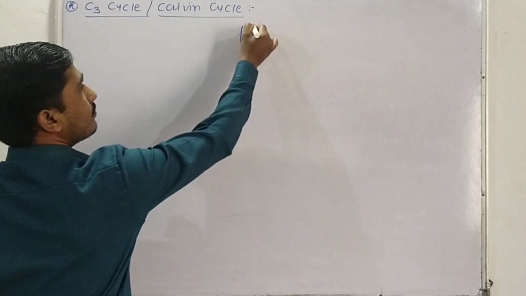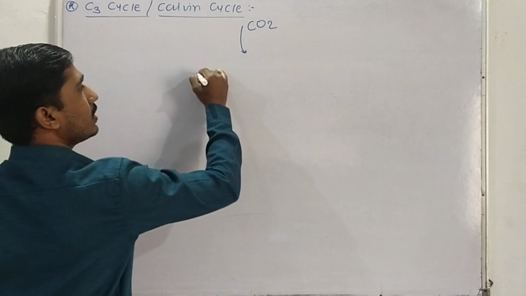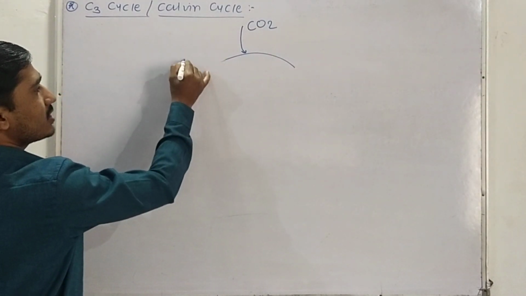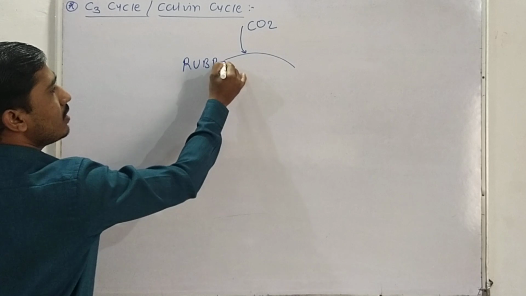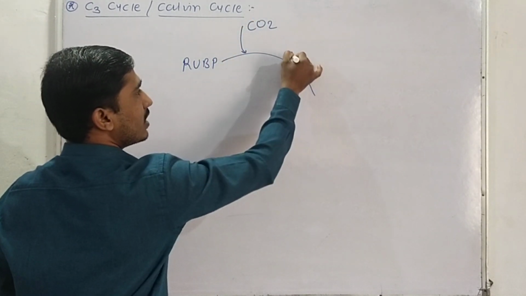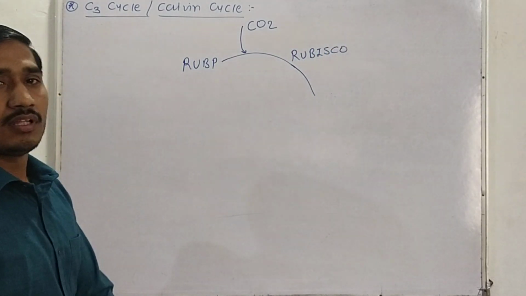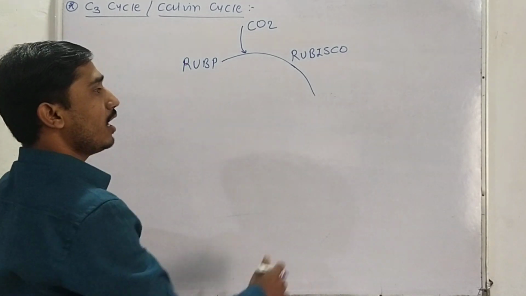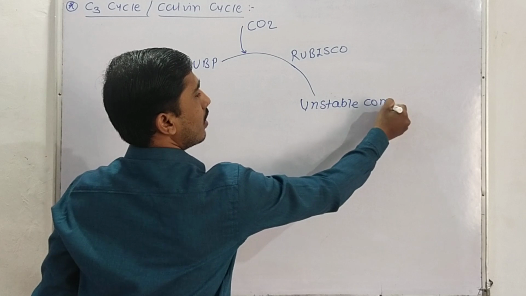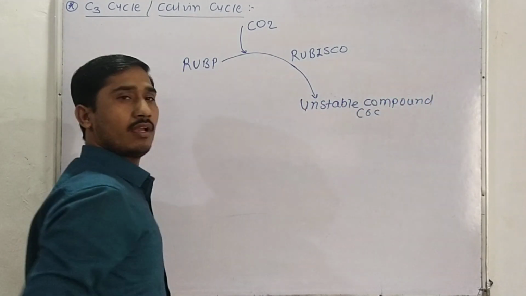Here, CO2 from the atmosphere enters into the stroma. The primary acceptor, that is RuBP, receives this CO2, and in the presence of the enzyme Rubisco, that is RuBP carboxylase, it will produce an unstable 6 carbon compound.